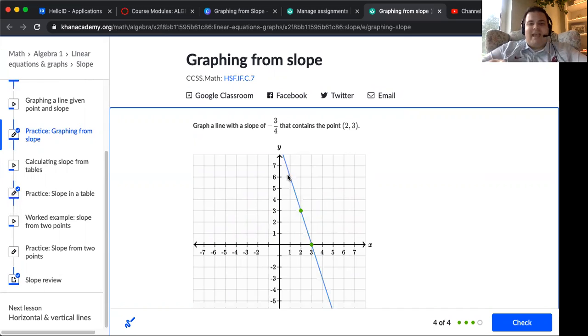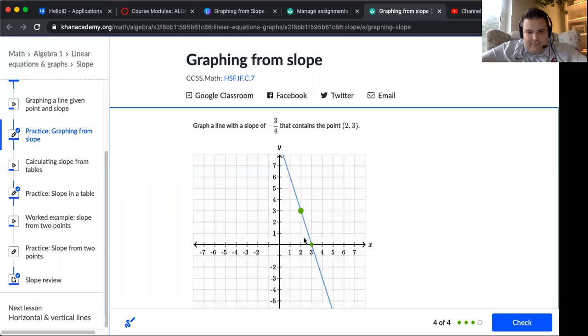The reason I'm going down is the slope. This is something that's super important. The negative sign indicates that your Y value is going down. Positive indicates that your Y value is going up. We always go from left to right when we're doing these things. The bottom part, the change in X, is always going to be adding. You're always going to be going in positive land.